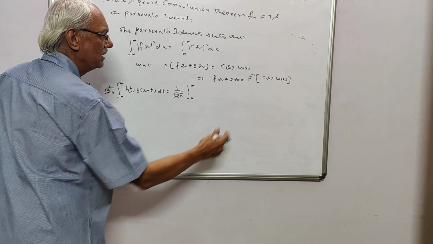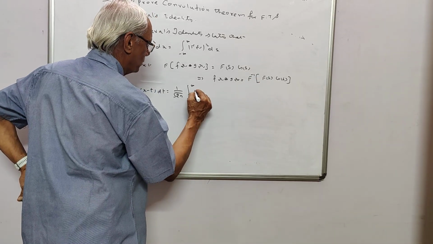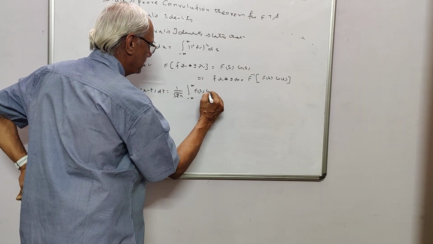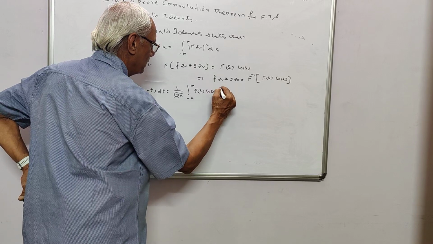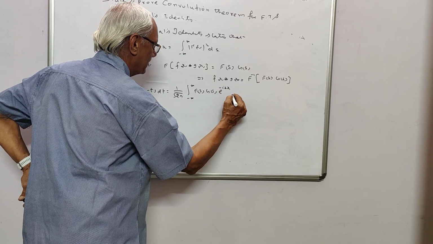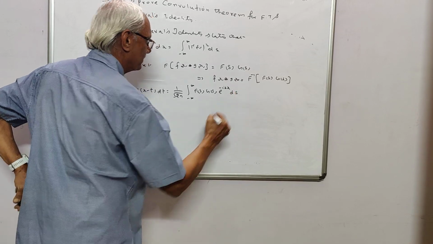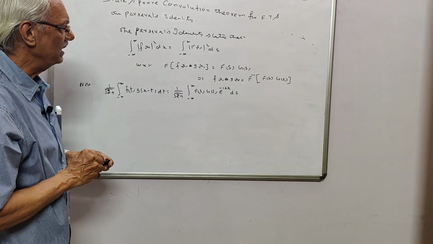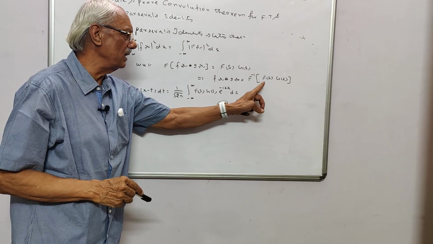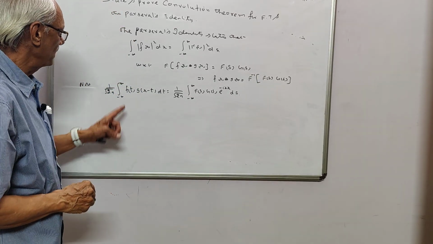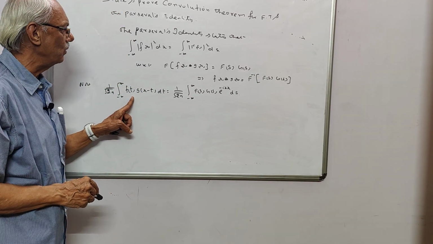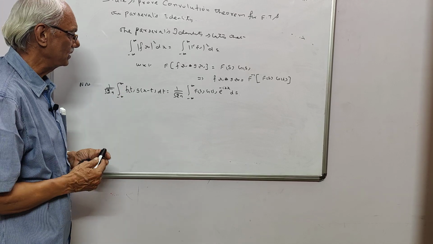This is the inverse Fourier transform, so this is integral of f of s into g of s e to the power of minus isx ds. So this is the inverse Fourier transform, and this is by the definition of the convolution of two functions.